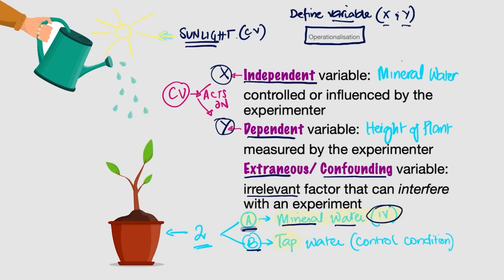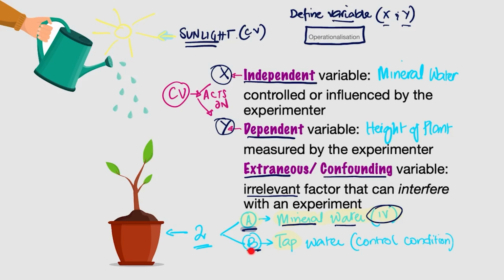And then you have to design your experiment in such a way where you eliminate, prevent, control for confounding variables. So if you redid this experiment, you would again make sure that both plants received equal amounts of sunlight to prevent the fact that sunlight could very well be responsible for the height of plant increasing, right? So control for your confounding variable.